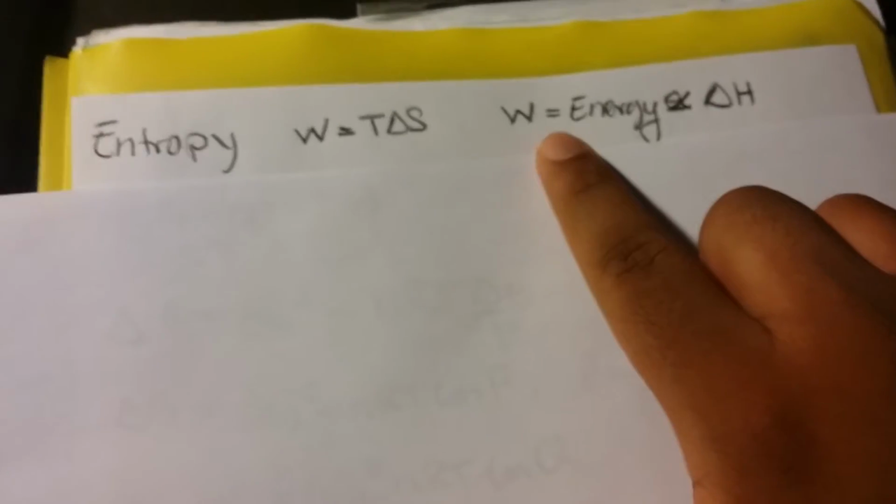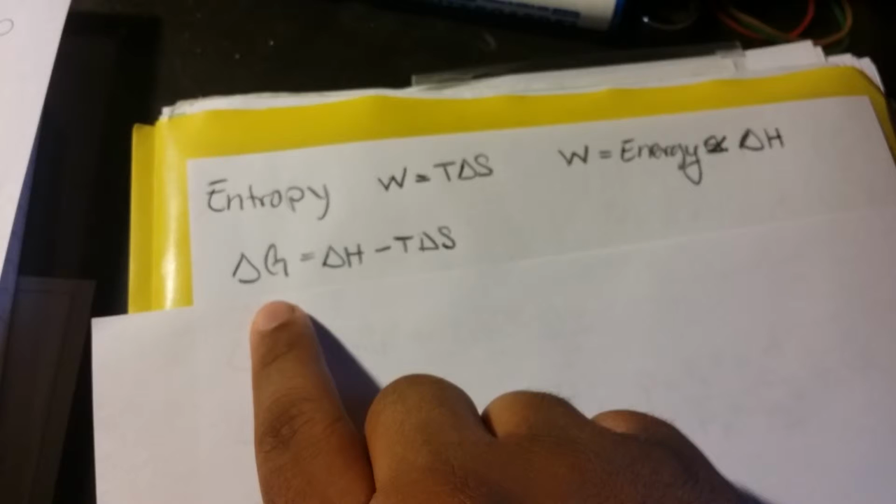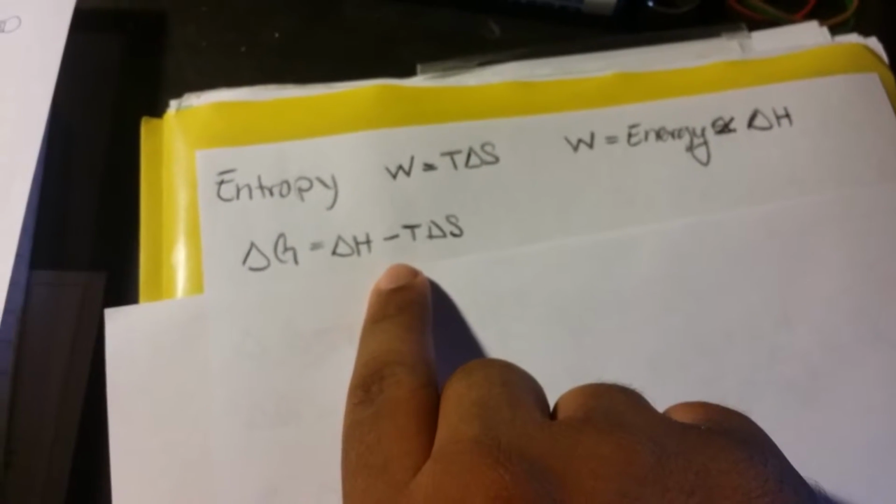We also can state that W, which is work, equals energy, and can be stated as delta H. Therefore, when we use Gibbs free energy, we can state that delta G equals delta H minus T times delta S.